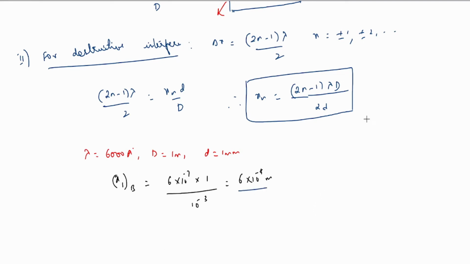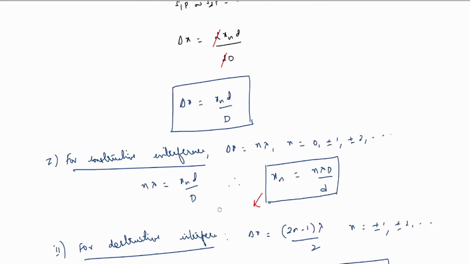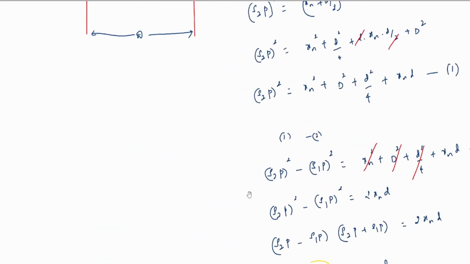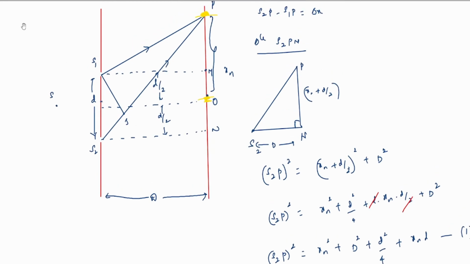If you put it here, then x1 for the dark band, with n as 1, becomes lambda D by 2d, that will be half of this, that becomes 3 into 10 power minus 4 meter. So from the center, if you travel a distance of 3 into 10 power minus 4 meter, we get the first dark band.